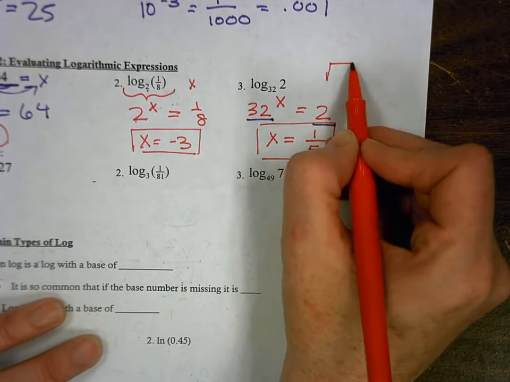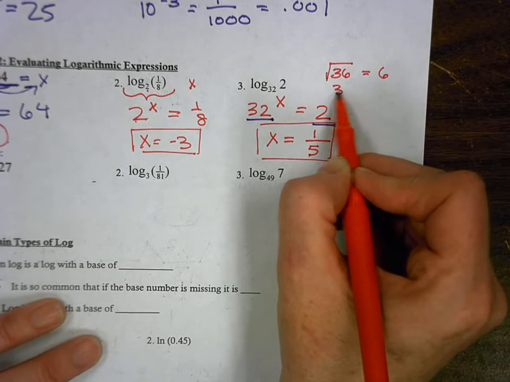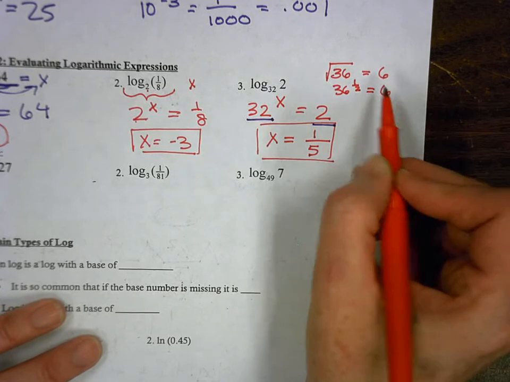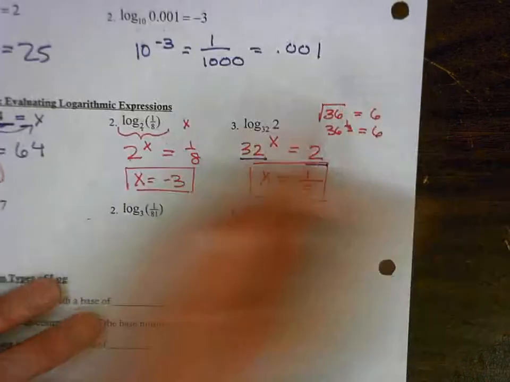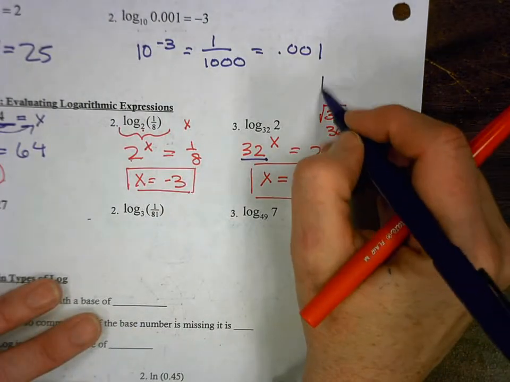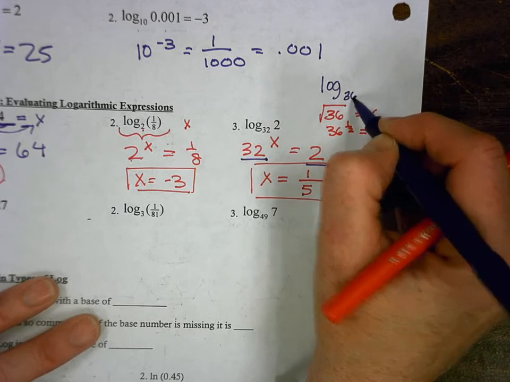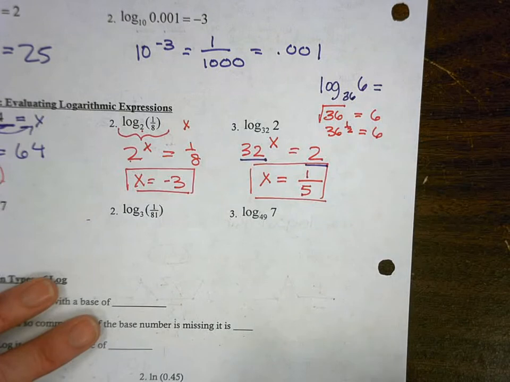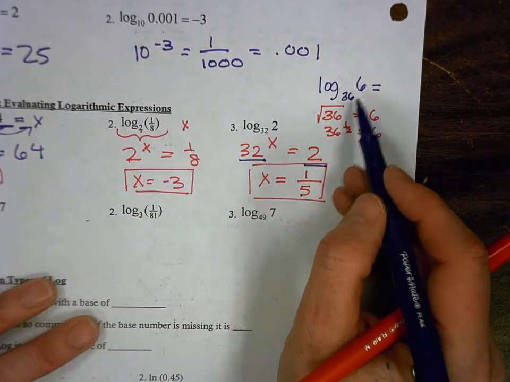Let me show you another problem like that. If I have the square root of 36, we know that is 6, right? So that's 36 to the 1/2 is 6. Well, the way I would write that in logs is: the log base 36 of 6 is what?